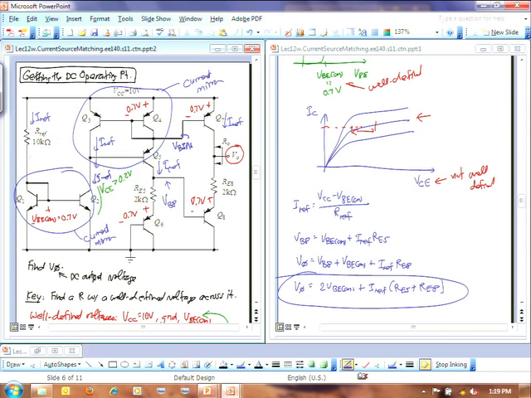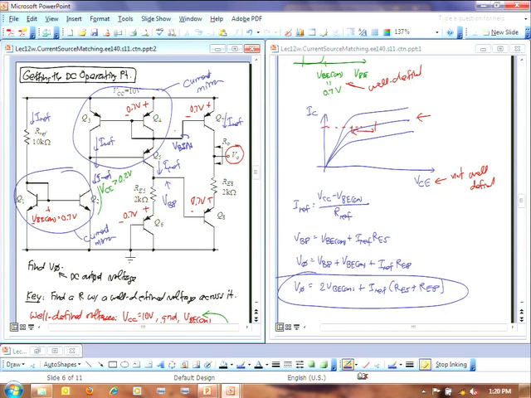I skipped this because I was pretty much thinking you all knew this. Okay? But get some practice on this too, because I think DC operating points are also very important to be able to get. I'm emphasizing a lot the small signal part of this course, but the DC operating point arguably is the more important thing to be able to get, because you can't get a small signal circuit unless you've biased it correctly too, right?